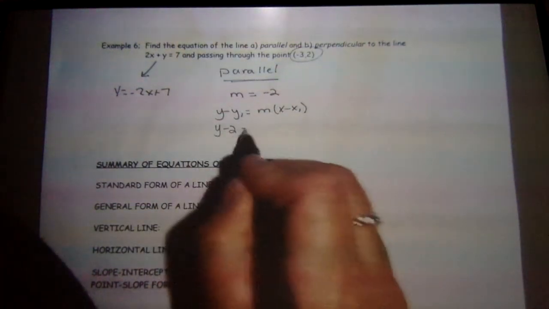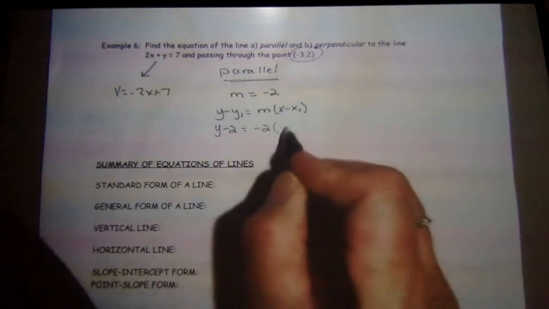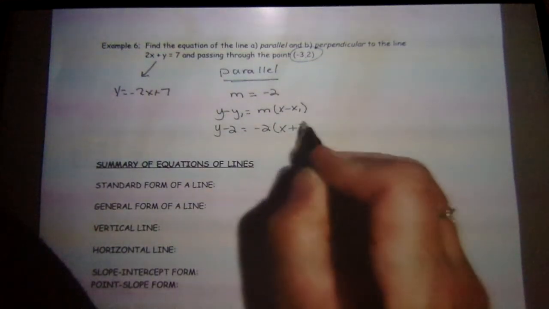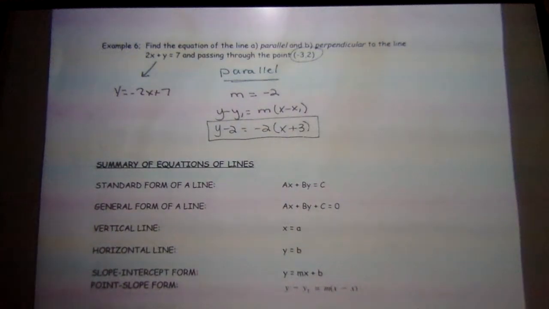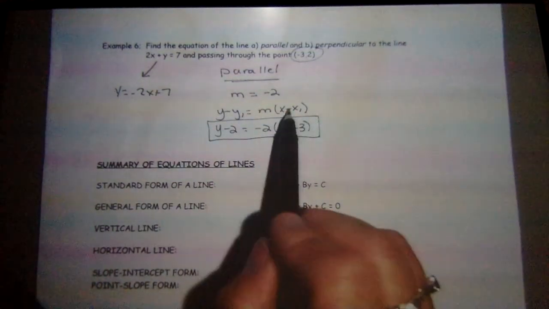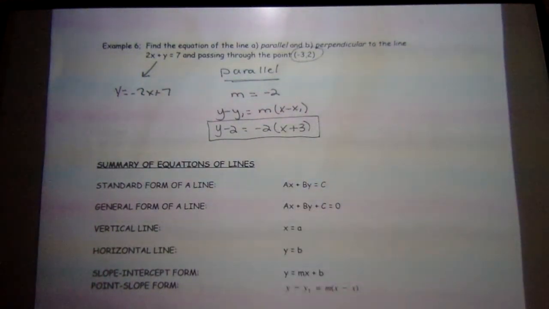So y minus 2 equals negative 2 times x plus 3. It's minus a negative, so this would be plus. It didn't tell us that it has to be in slope-intercept form, so I'm leaving it. If the directions aren't specific on what form, put it in the easiest form.